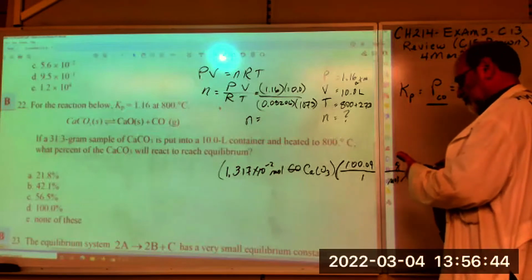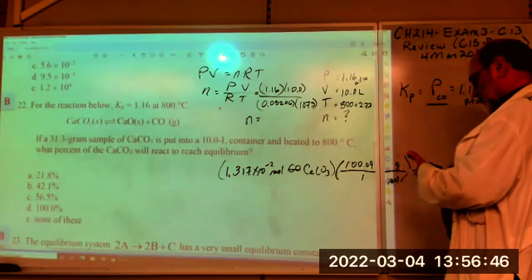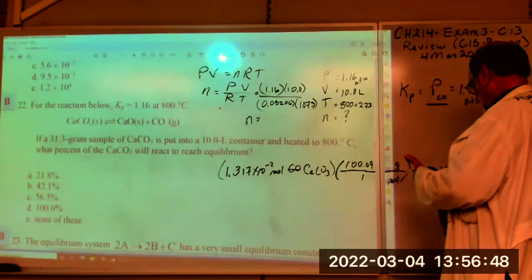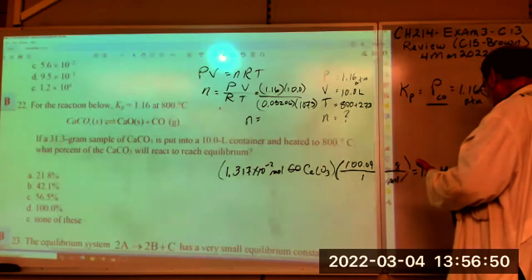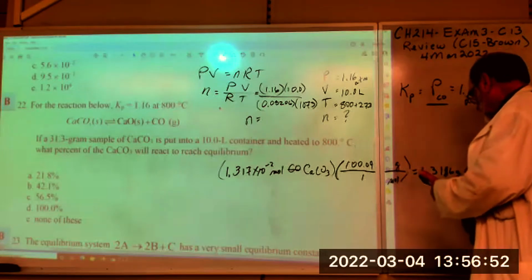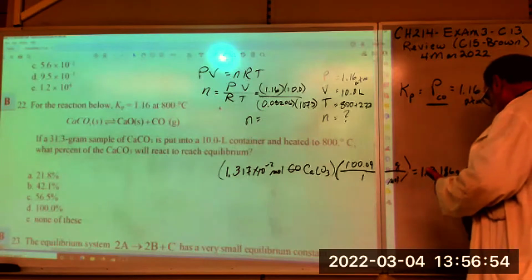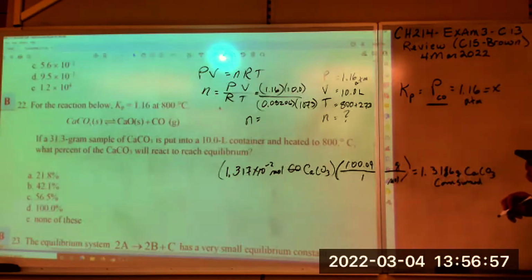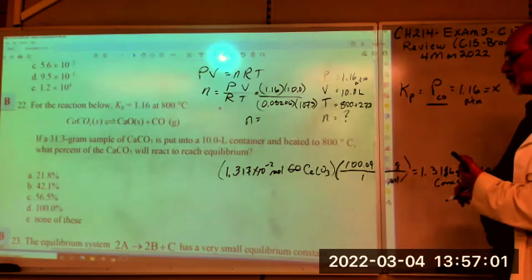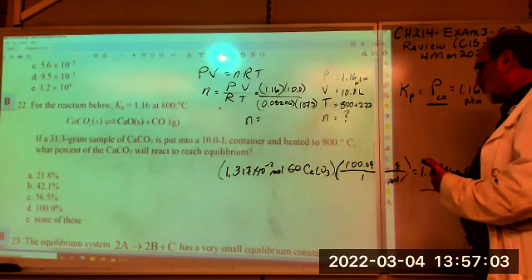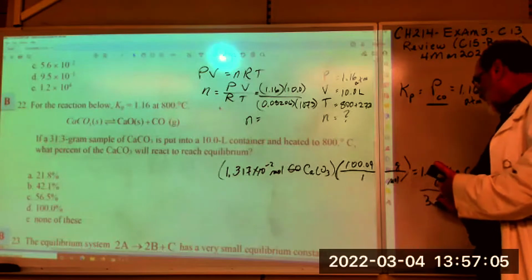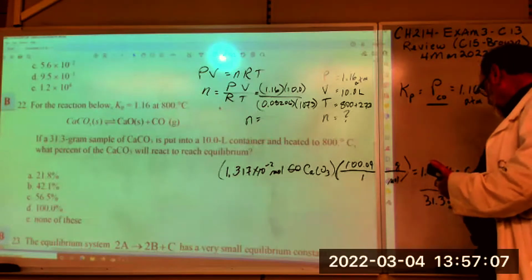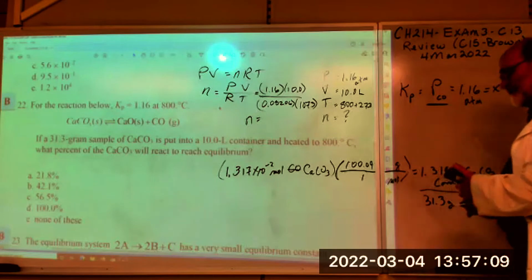So that's 1.3186 grams calcium carbonate consumed. Okay. What percent of calcium carbonate was consumed? So this divided by 31.3 grams times 100.